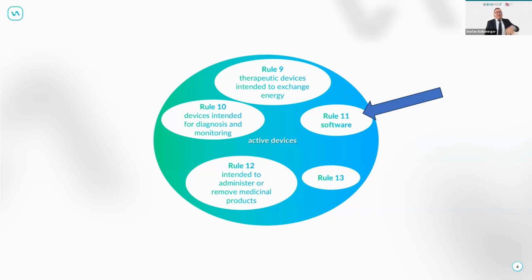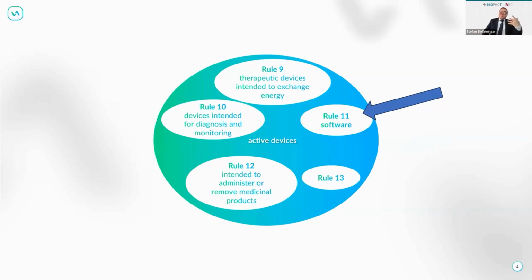And if they're independent and you add another layer for communication and collaboration to make it better and more usable, then it will be an addition to that product, and that addition will lead to another product, and that product will then fall under Rule 11. So that's very important.